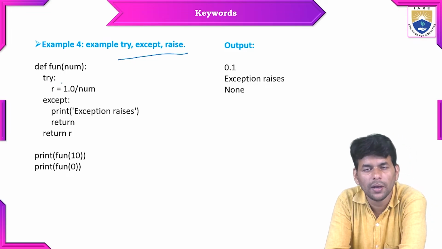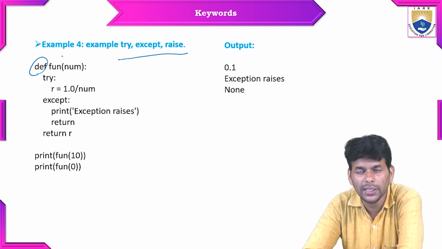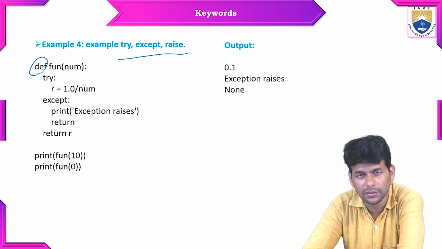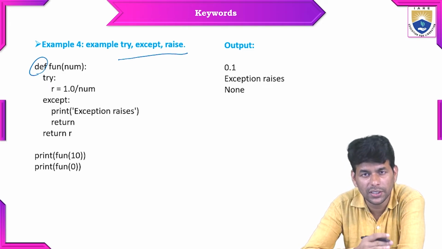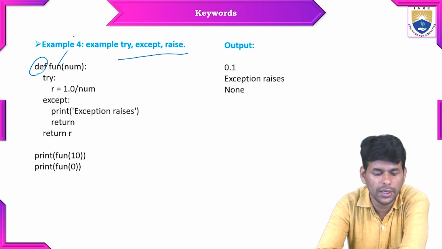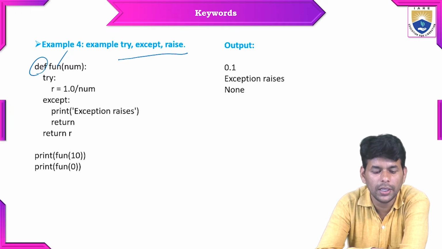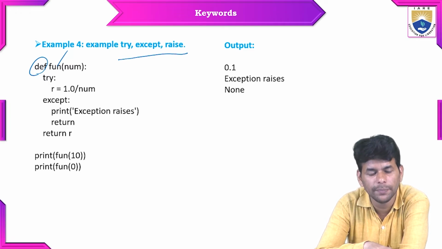I am writing one def fun. def is again for function definition, or function creation. The function name is fun here. So def fun of num: try r equal to 1.0 divided by num. I have taken one value as 1.0 and it is divided by the number here.